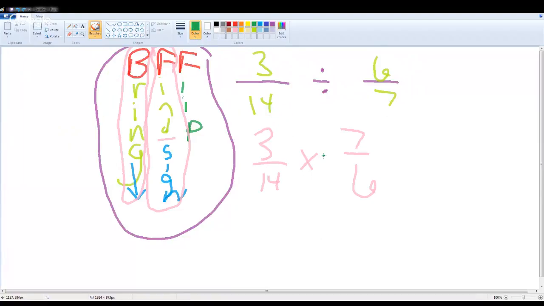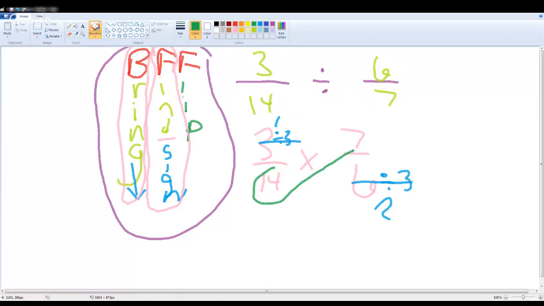And I just look to make sure that you can reduce first before multiplying, because you can multiply straight across if you wanted to, but I just wait and see if I can reduce first. So basically, how to reduce, if you don't know, is you cross and you see, can this be reduced? Yes, it can. 3 divided by 3 and 6 divided by 3. This is 1 and this is 2.